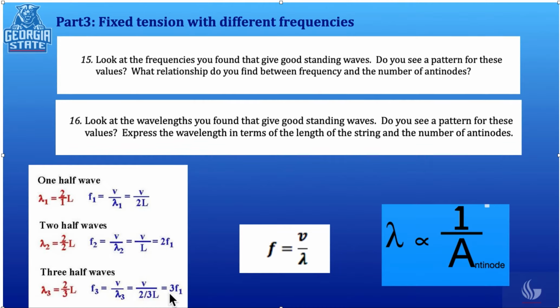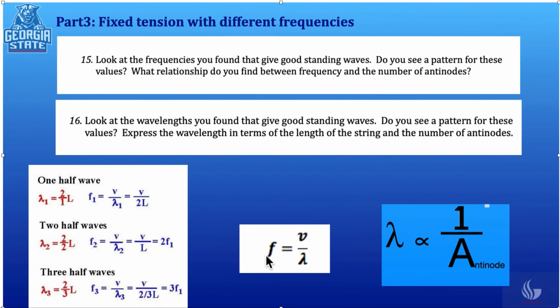Look at the values in your table and check whether there is any relationship between F1, F2, and F3. Are they similar to the relationship we have already mentioned in this figure? And is there any relationship between the frequency and the number of antinodes?